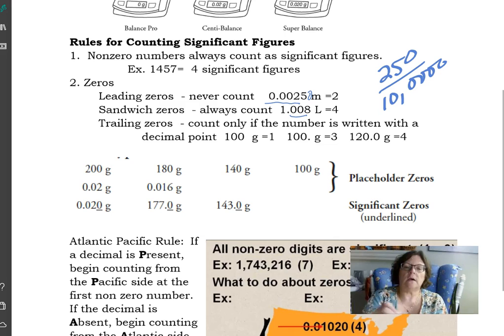Oops, I don't need that. Get rid of that. There we go. This zero does make a difference, because 25 out of 100,000 versus 250 out of 100,000 is a different number. So that is the reasoning behind this.